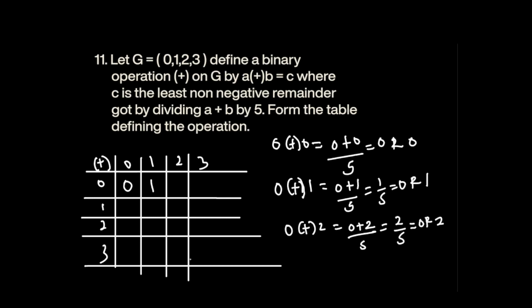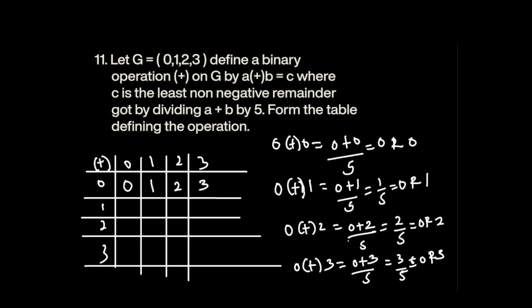Okay, so we fill here with 2, and the next one is going to be 0 operation 3. So 0 operation 3 will be 0 plus 3 over 5. That will give us 3 over 5, that will be 0 remainder 3. So here is going to be 3.